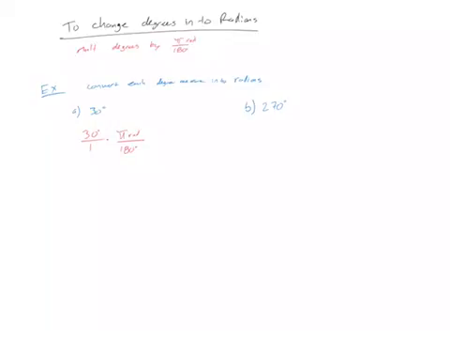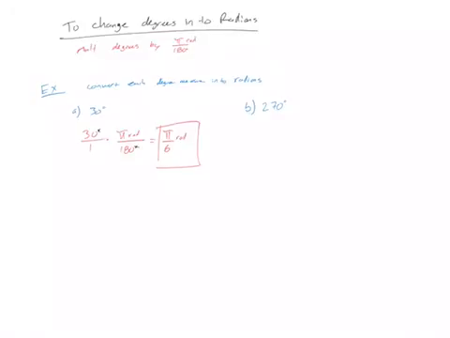These degrees will reduce with each other, those units of measure. And I just need to divide 30 by 180 and I'll get 1/6, so this comes out to be pi over 6 radians. So 30 degrees is the same thing as pi over 6 radians.